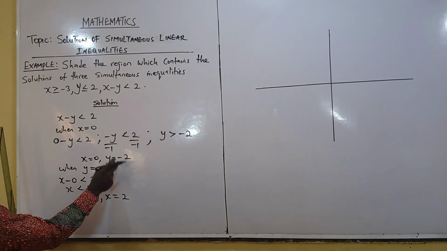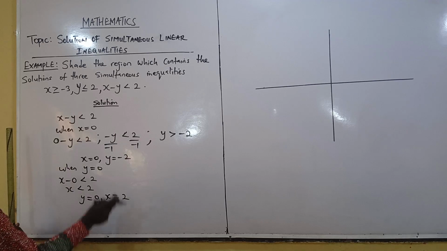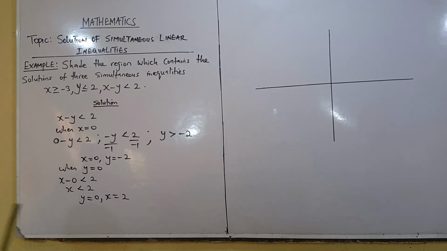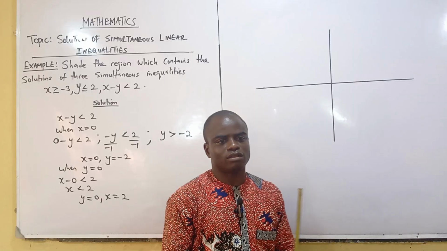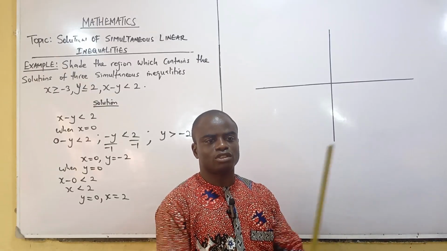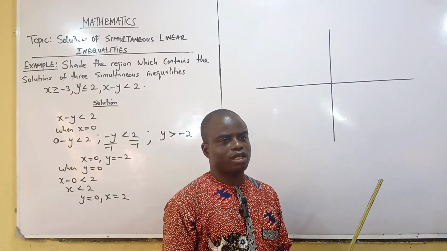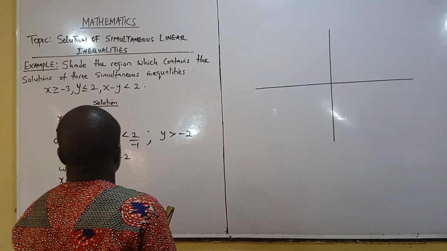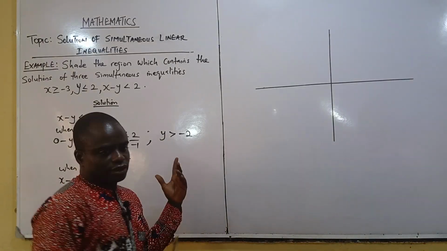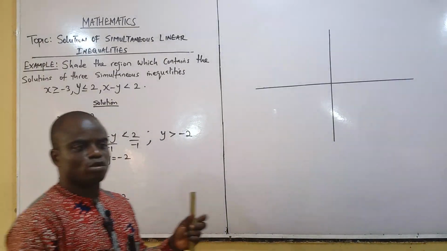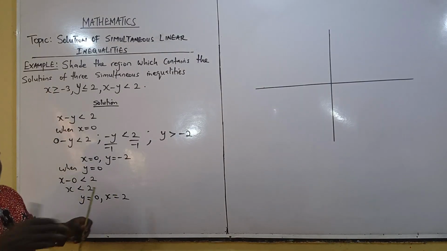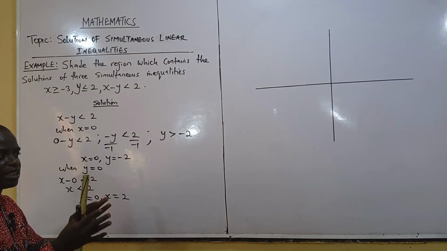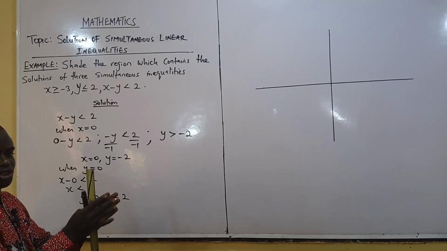x equals 2. But when you are plotting your graph, you have to consider where the three lines join. Is that okay? In the last class, when we were given greater or equals to, we shaded less or equals to, and we were left with a region that is not shaded.